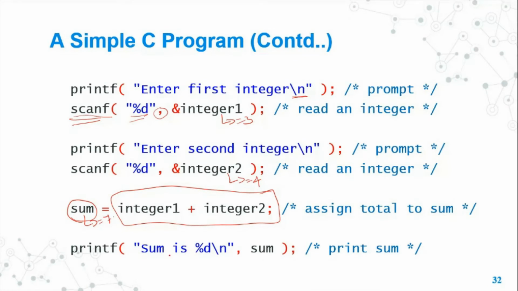So "sum is" is the message. Then here is a percentage d, which is the same as the earlier percentage d. It is a conversion specifier, or within double quotes, a format control string. Without the double quotes, it is a conversion specifier.